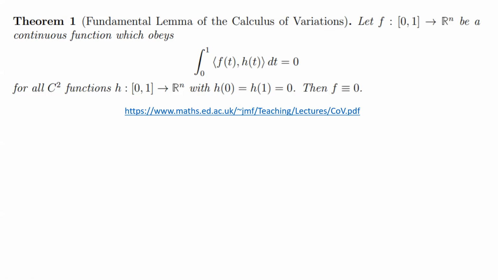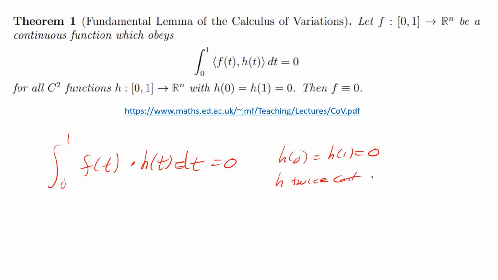So we've got the integral from 0 to 1 of f(t) dotted with h(t) dt equals 0, h(0) equals h(1) equals 0, h twice continuously differentiable. And you can choose whatever h you want. And the claim is the only function that works is the function that's identically 0.